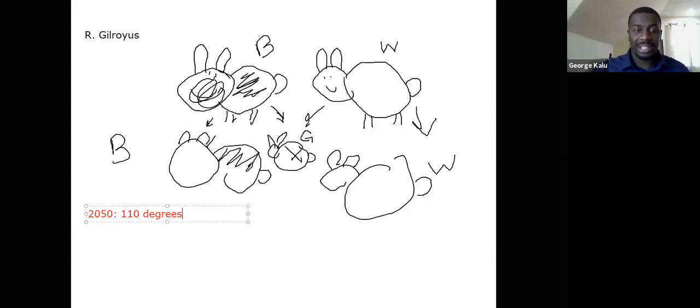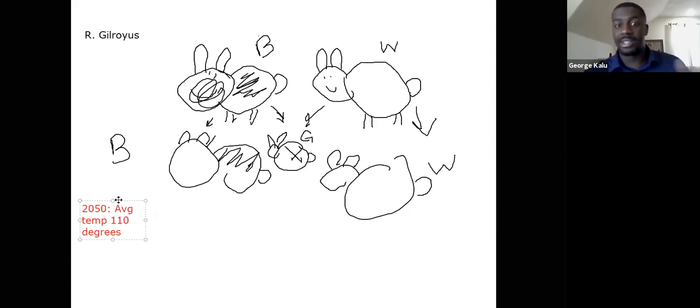The average temperature is 110 degrees from one day to the next. So if the average temperature increases from 85 degrees to 110 degrees, which of these rabbits do we think is going to end up dying off? The black ones, the gray ones, or the white ones?